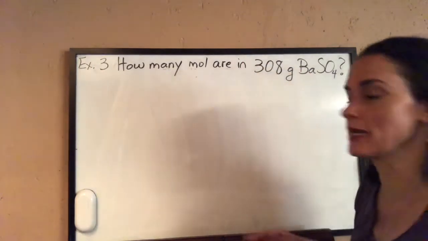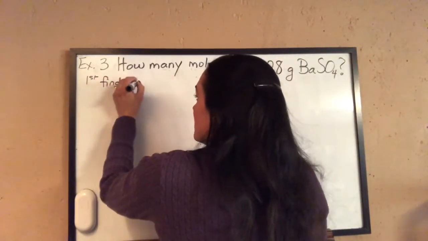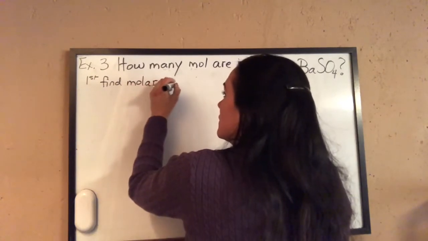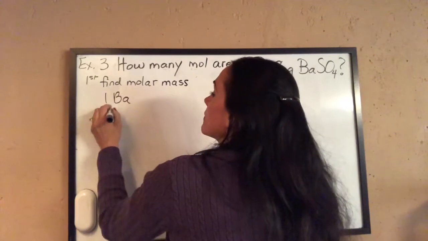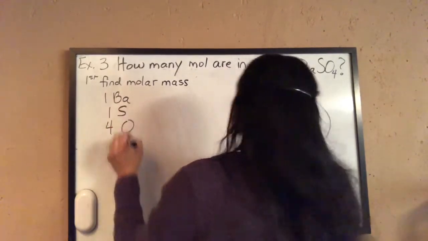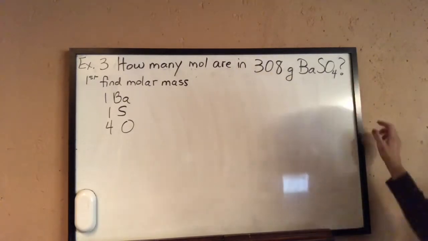We need the molar mass. So first, find the molar mass. That's our conversion factor. We have 1 barium, 1 sulfur, and 4 oxygens.